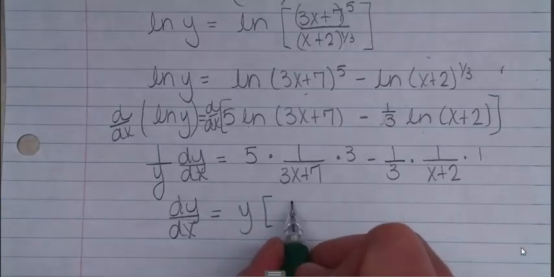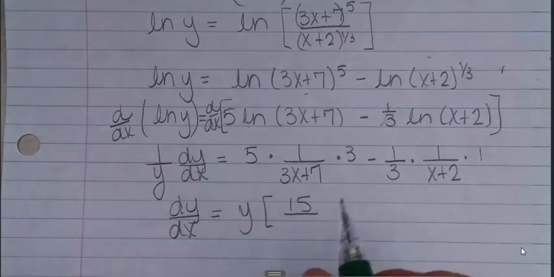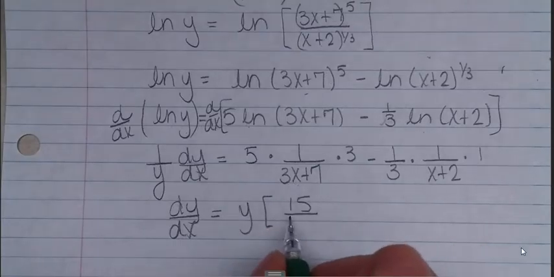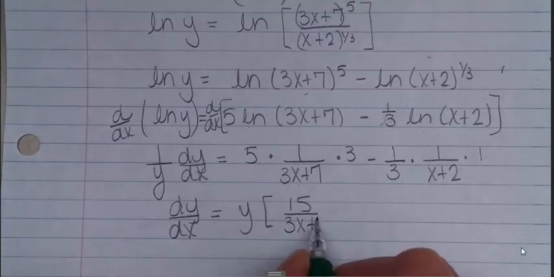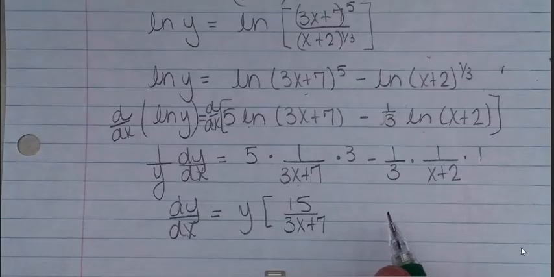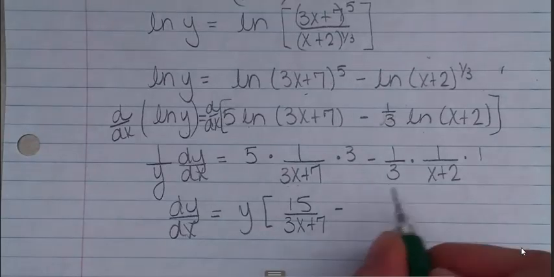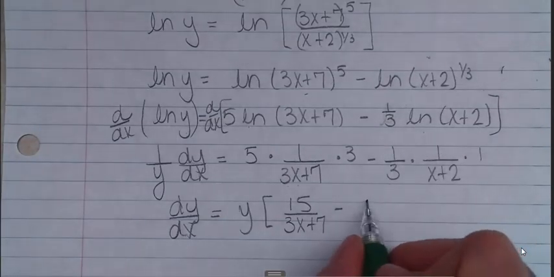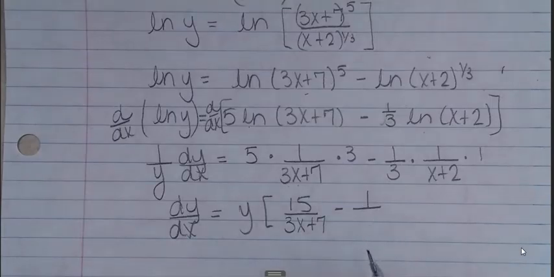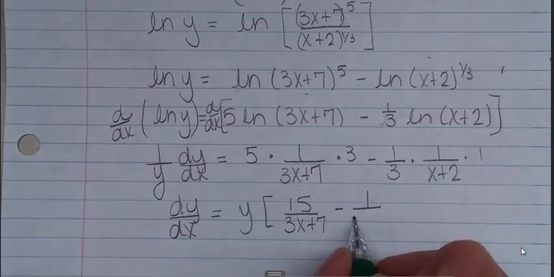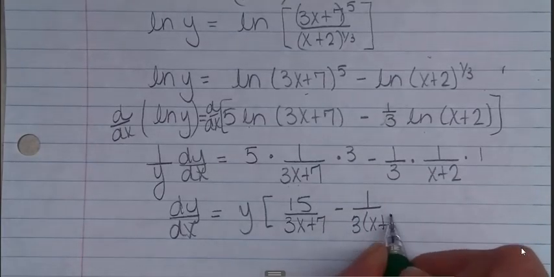So it looks like I get 15 over 3x plus 7 minus, it looks like I get 1 over 3 times x plus 2.